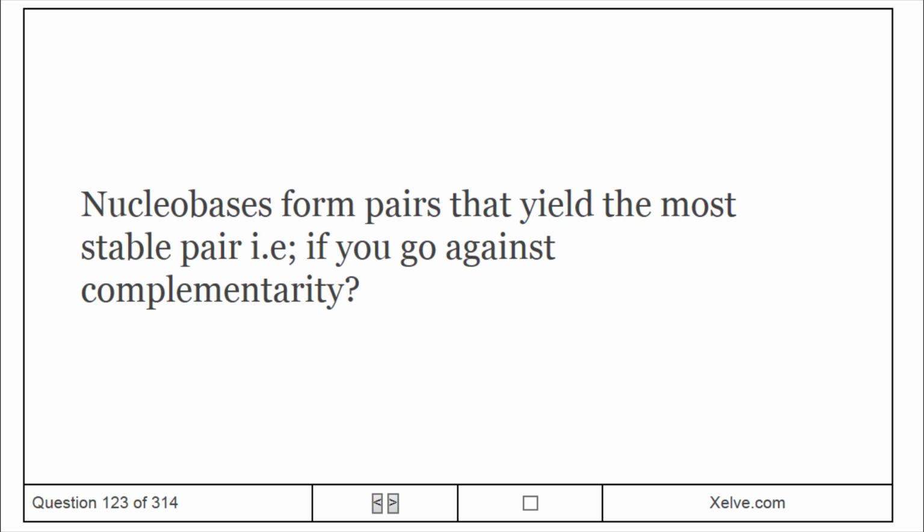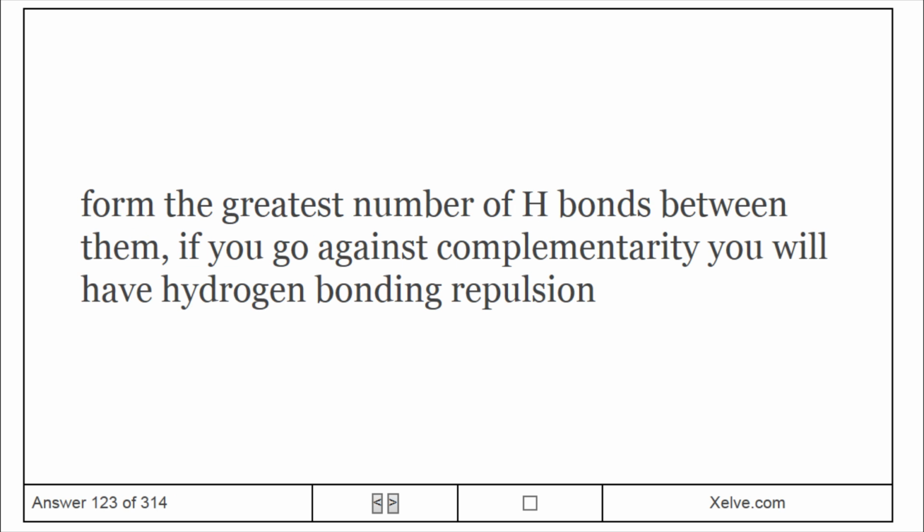Nucleobases form pairs that yield the most stable pair, forming the greatest number of H bonds between them. If you go against complementarity, you will have hydrogen bonding repulsion.